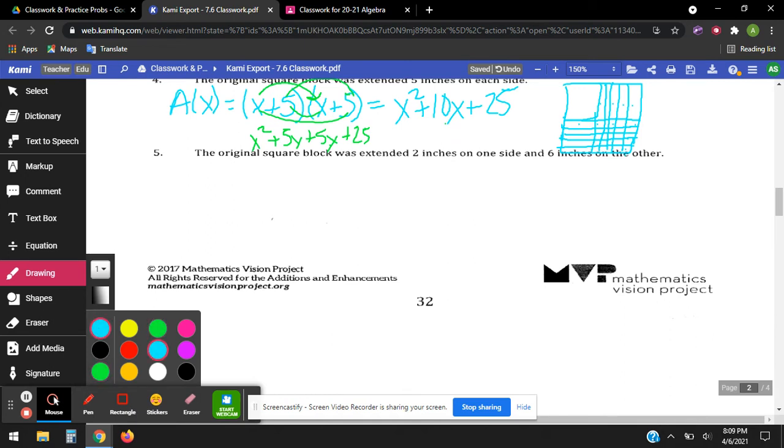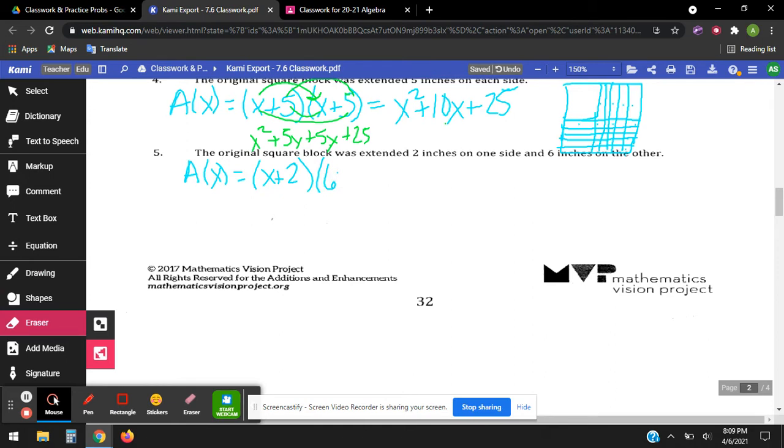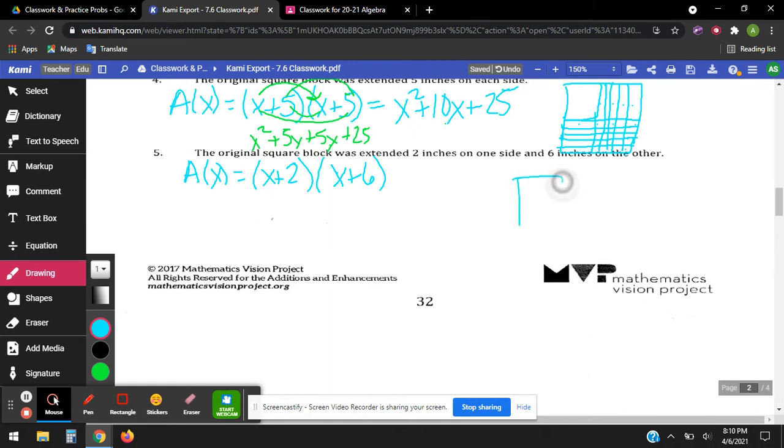So here my original block was extended 2 inches on one side and 6 inches, x plus 6, on the other. So if I were to make this box, we're going to have 2 down here, then we're going to fit 6 over here.